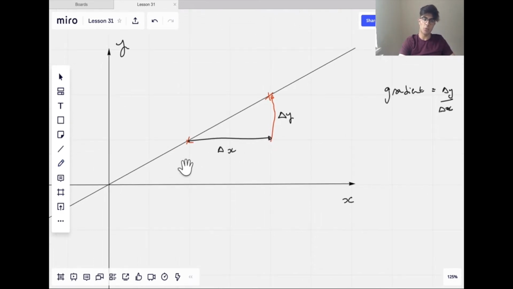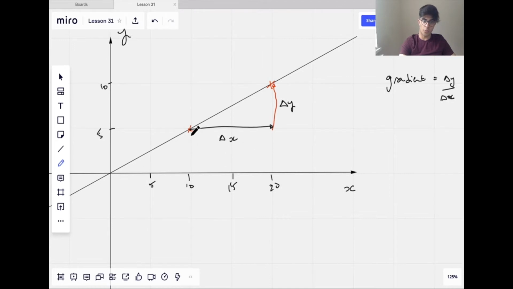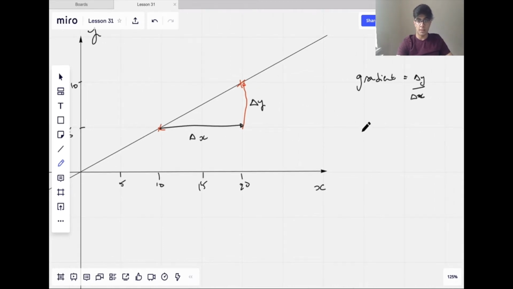If we put some numbers on here, let's say this is 5, 10, 15, 20, and this is again 5, 10. To go from this point to this point, let's do change in y first: delta y is equal to 10 minus 5, which is equal to 5.